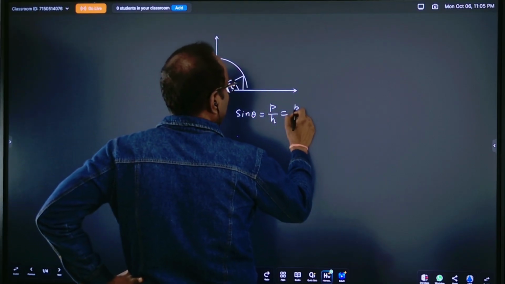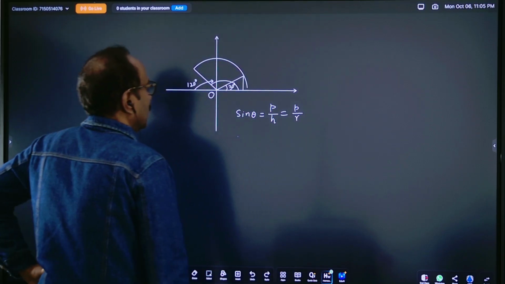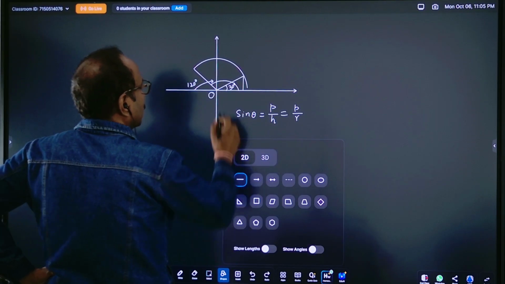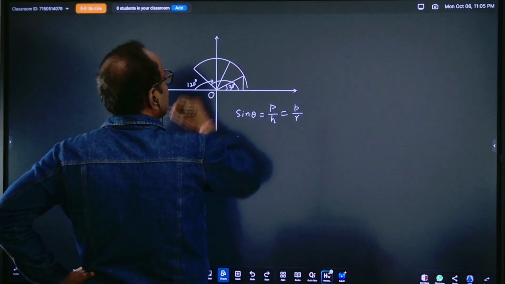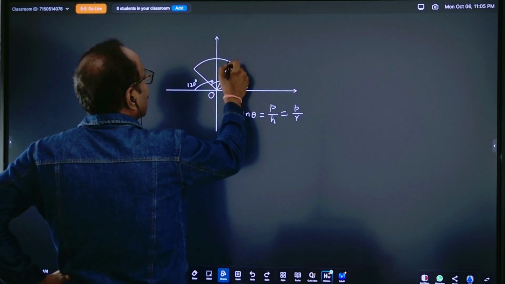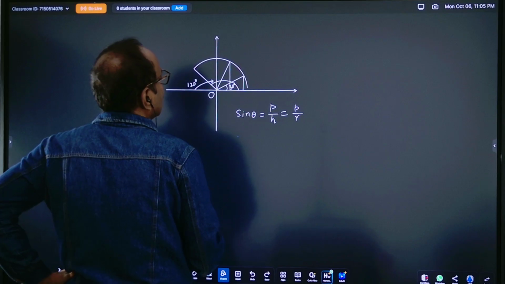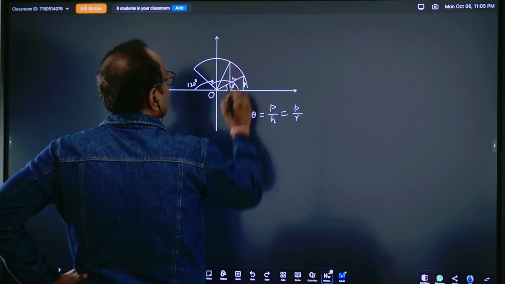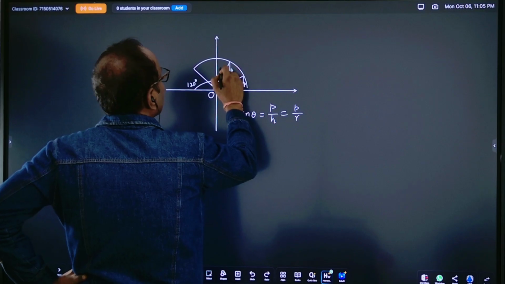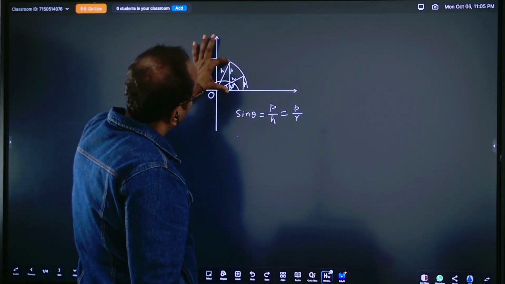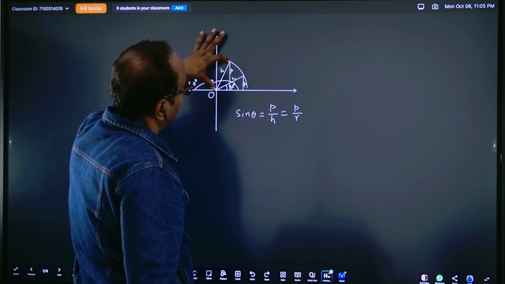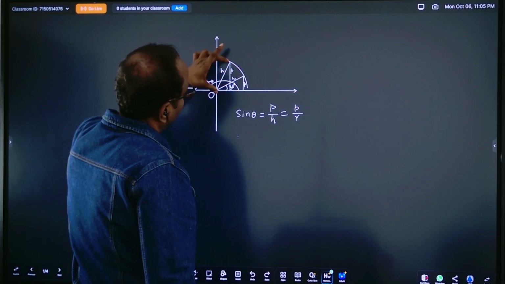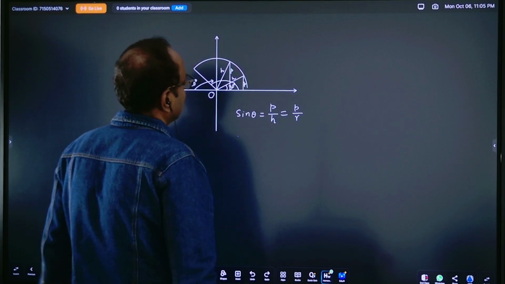So it will be P by R. But when the angle increases, let us say we reached here. So you can see that this is your P, this is your H. Now this is your P, this is your H. So the length of the P is increasing, where H is same. H is equal to R. Right? So angle increased, your value of sine theta increased.